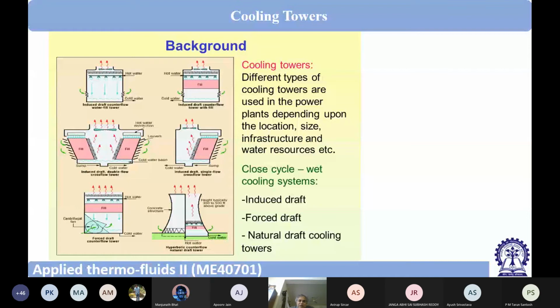So it is purely from a civil engineering or structural point of view. It has no thermal or fluid mechanics significance. That's why it is given this kind of curved or venturi kind of shape. All right.